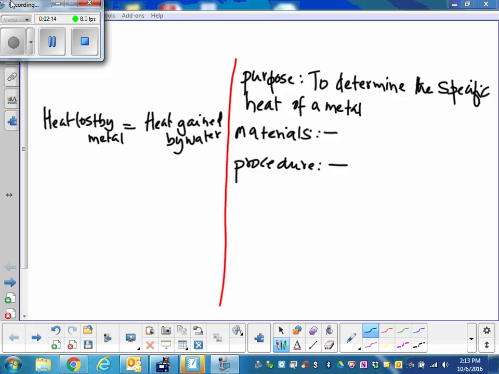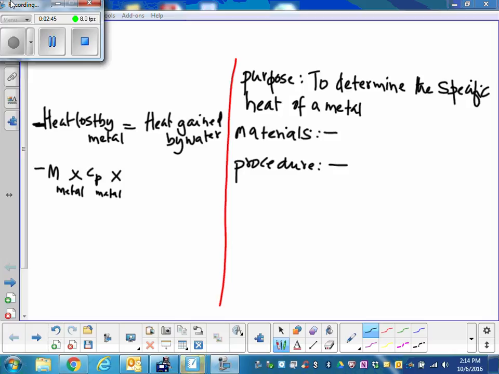Now guys, even though we have this equation, heat lost is always, what sign? Negative. Don't forget that. Heat lost is negative and heat gained is positive. So it is mass of the metal times the specific heat of the metal times the change in temperature of the metal.